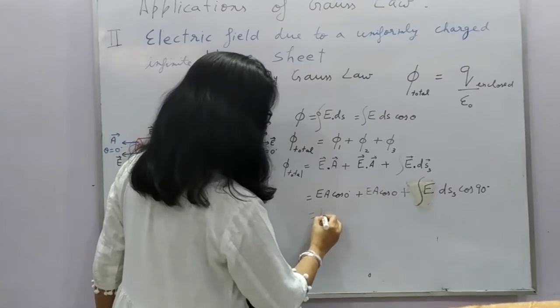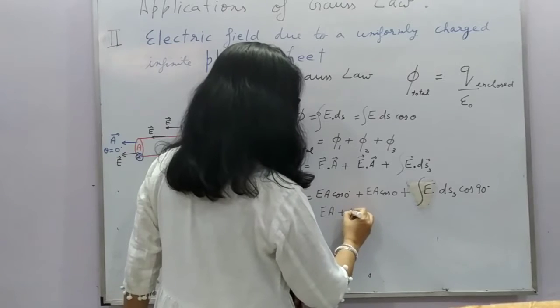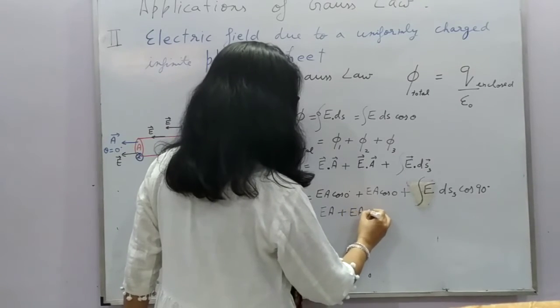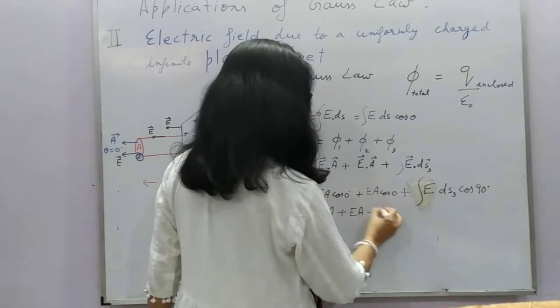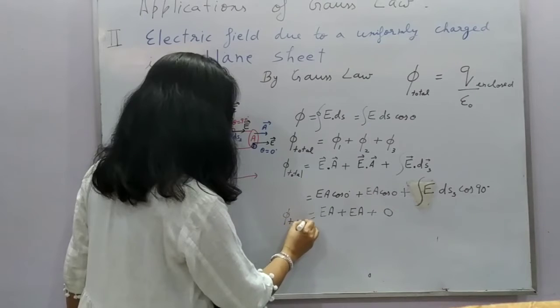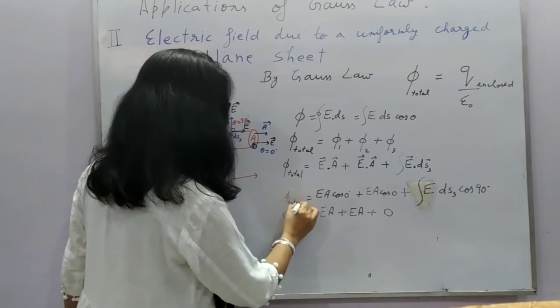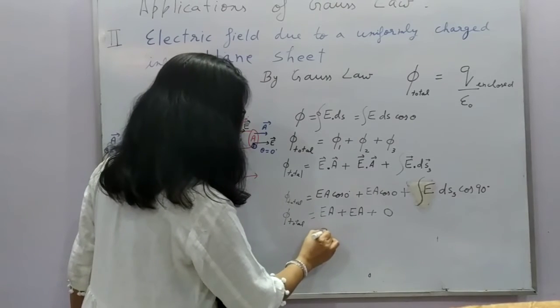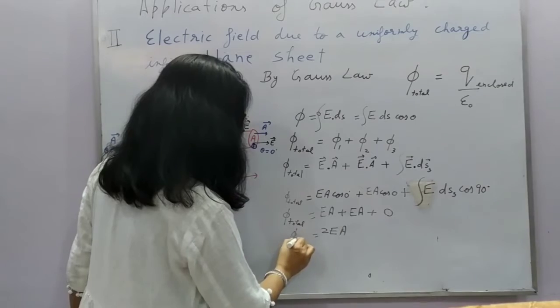Cos 0 is 1. So this is EA. This is also EA, plus, but this is cos 90. So this makes it 0. So this phi total is 2 times EA, and this is phi total.